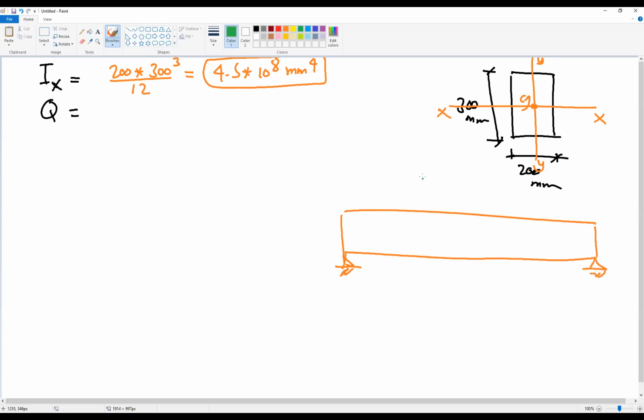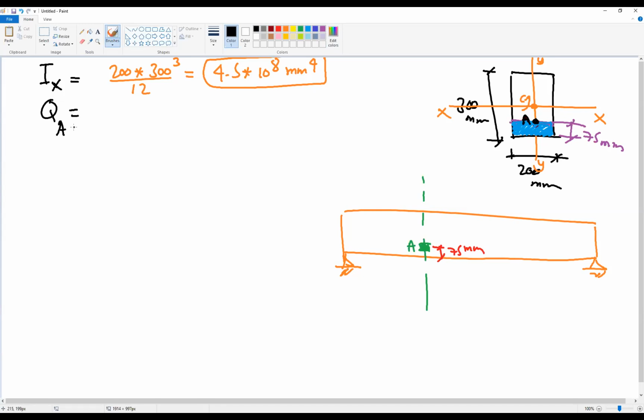For Q, if we return back to the beam, it was given that the element A is somewhere here, at a distance of 75 millimeter. So we are calculating the stresses here, at A, at 75 millimeter. So we need to calculate Q at this line. This will be the area we are calculating Q for, because A is here.